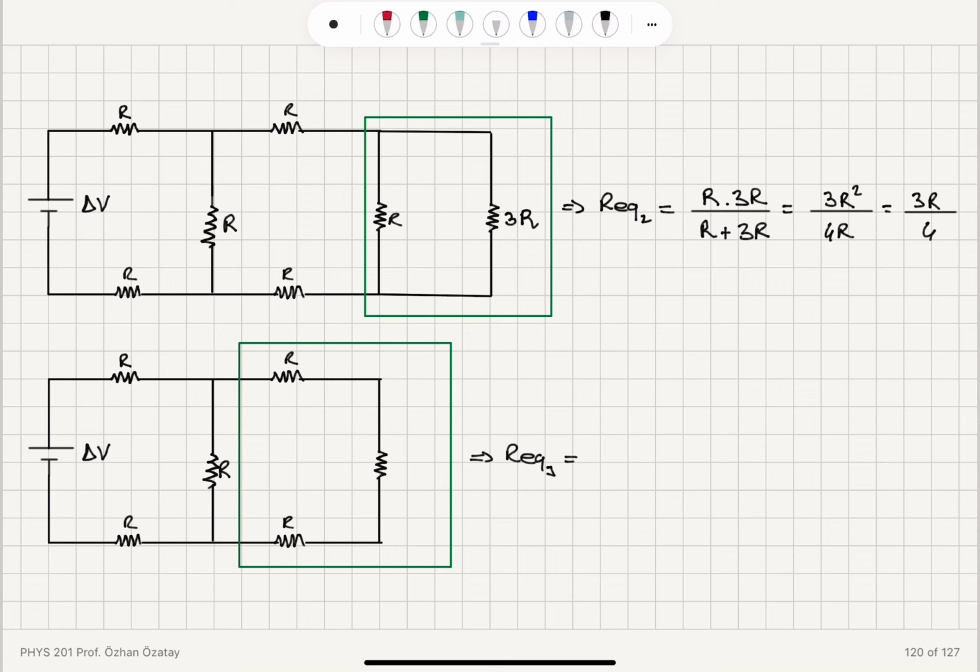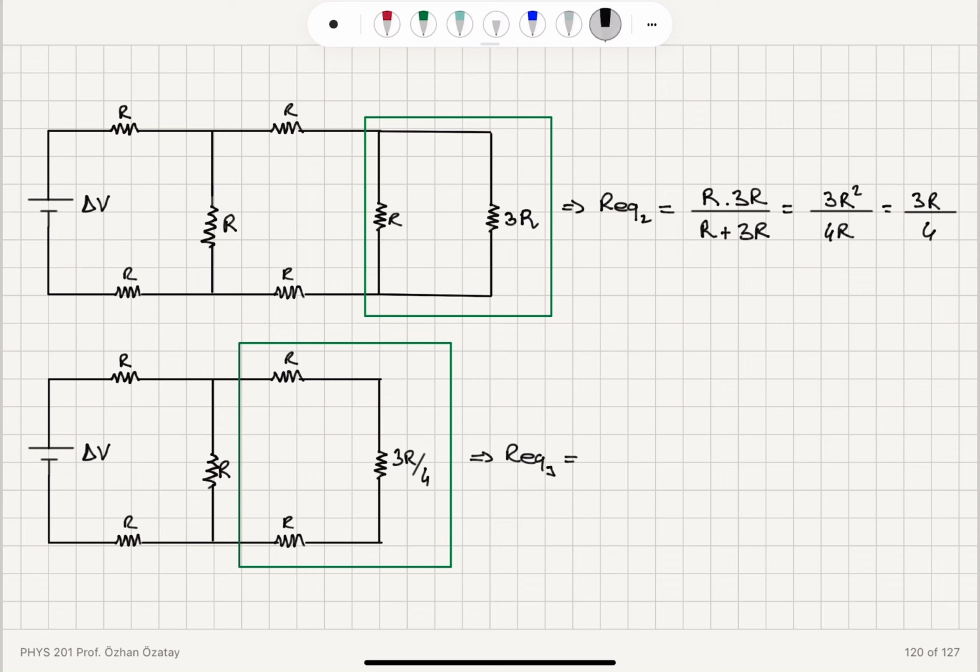So this will replace this part of the circuit with an equivalent resistance 3R over 4, and we will have it connected in series with two different resistors with resistances R. So now this part is 3R over 4 connected in series with R on top and R at the bottom.